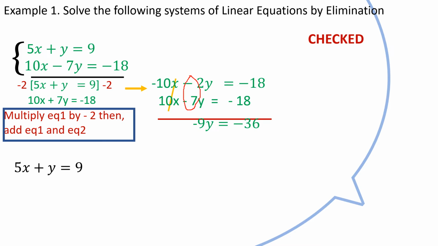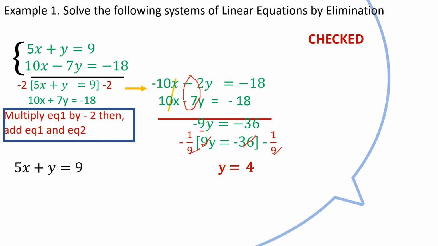After na magawa po natin ito, ang next po natin is to multiply this by the inverse of the y coefficient. Yung number na nasa katabi ng y, that is equals to negative 9. And therefore, i-multiply natin siya sa negative 1 over 9 so that we can cancel out dito. Then, ang matitira po natin, pag mag-cancel out po tayo, that is equals to y is equals to 4.